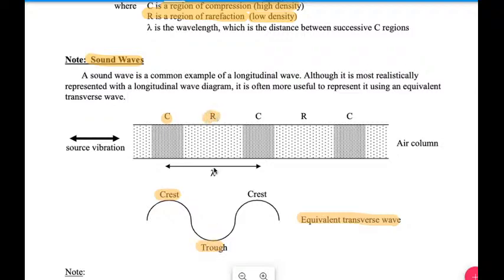So sound waves you'll often see represented with these transverse wave models because it does make a lot more sense to our brains and it's just easier to visualize and work with. So this is a realistic sound wave, right? This would be our realistic one. And then our equivalent one would be the transverse wave.